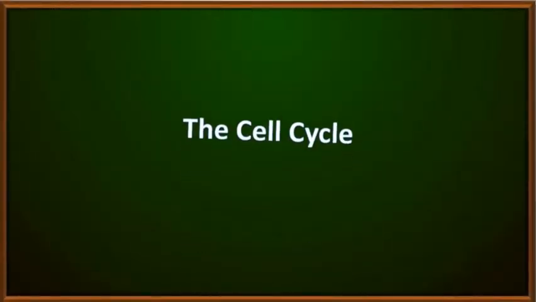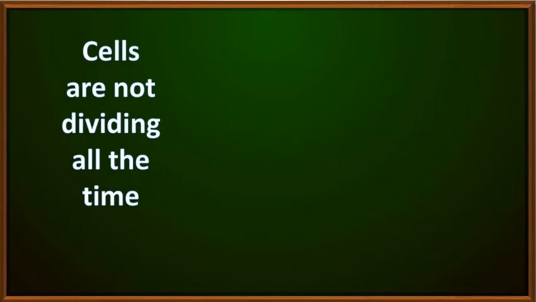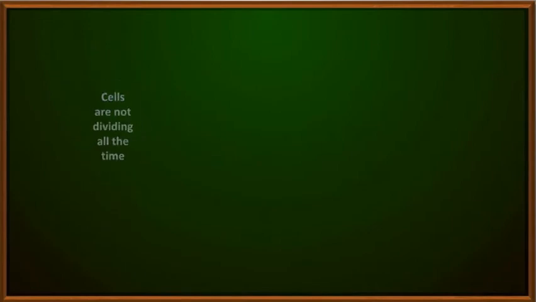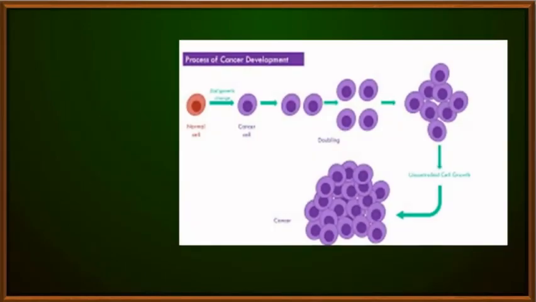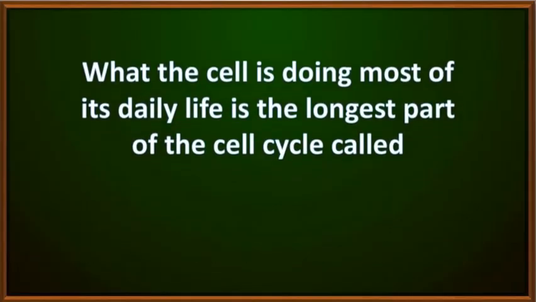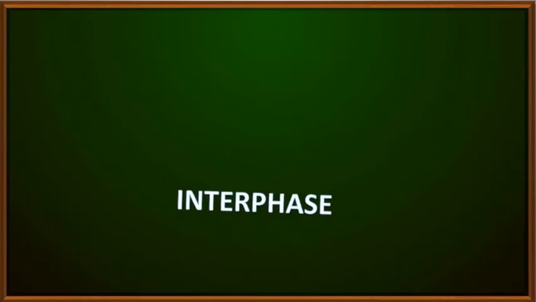But wait! Before we explore mitosis and meiosis, it is very important that you know the cell cycle. Well, it is necessary to understand that our cells are not dividing all the time. If all they do is to divide and divide, there will be rapid and uncontrolled growth, just like cancer cells do. What the cell is doing most of its daily life is the longest part of the cell cycle, which is called interphase.